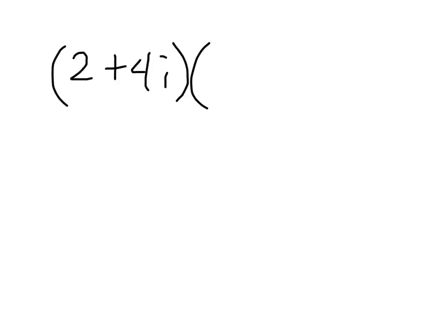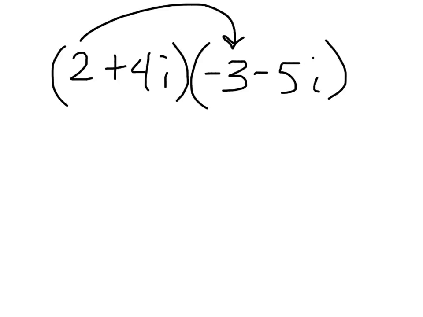Number 10 has 2 plus 4i minus 3 minus 5i. What operation am I asking you to do? I'm asking you to multiply it. This is FOIL, not the first two. What's 2 times negative 3?